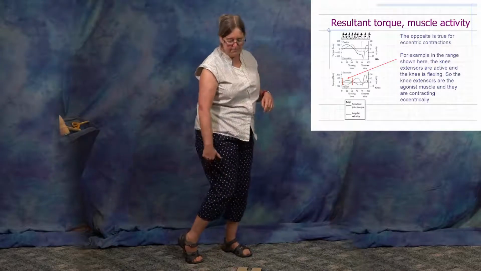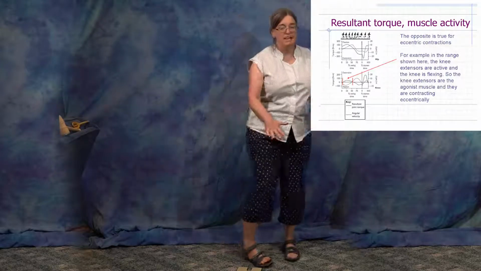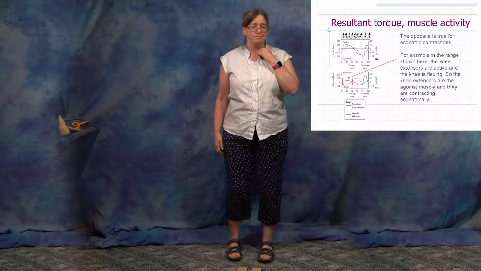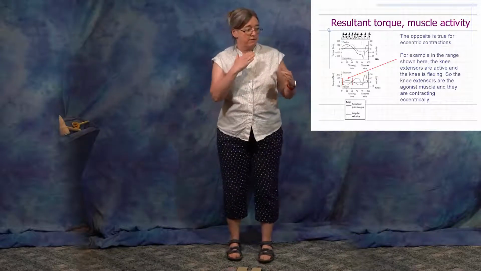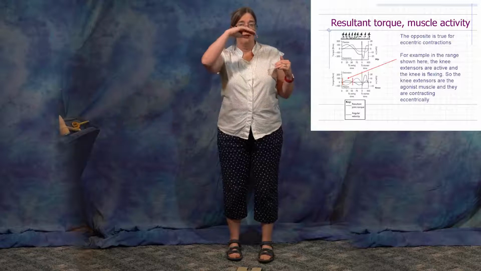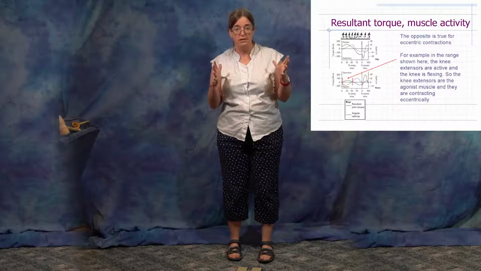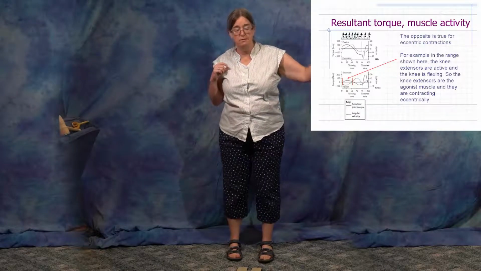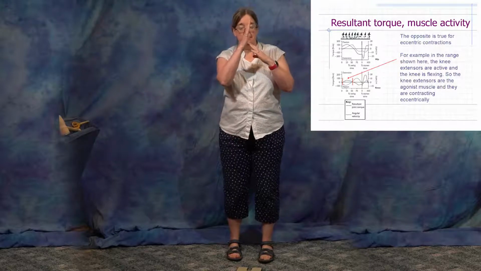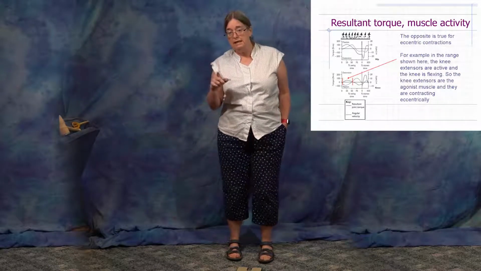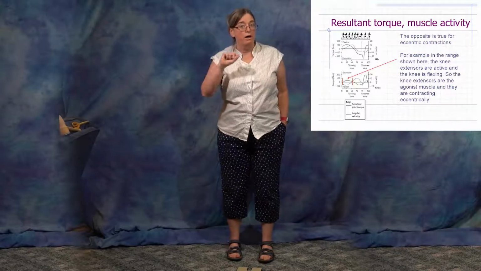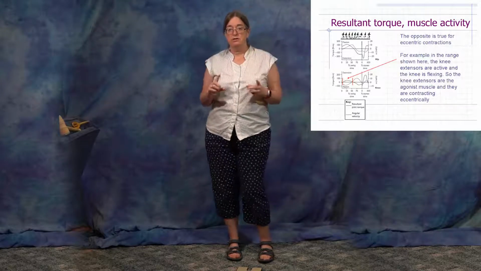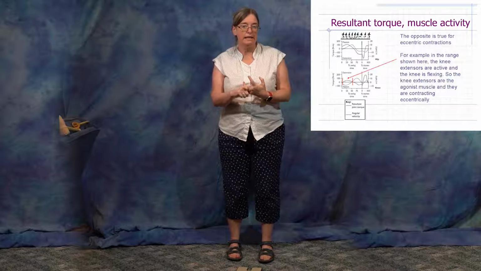Even though our knee is flexing, the extensors have to turn on to control how much it flexes. And you can see there very clearly, the solid line is positive, and in the knee, a positive value is the extensors, being the agonist muscle, and the dotted line, the velocity, is negative, meaning the knee is flexing. Well, the extensors are on. They're going in opposite direction, which means you have the extensors as the agonist muscle, and they are acting eccentrically.